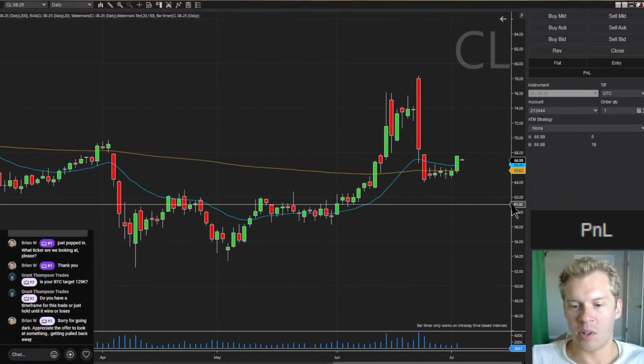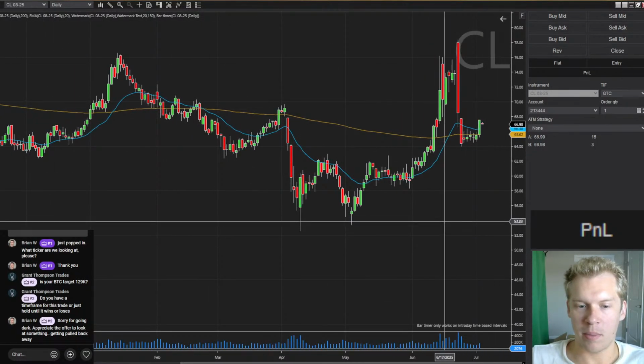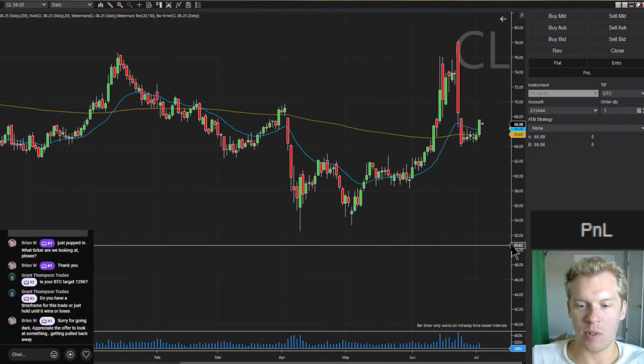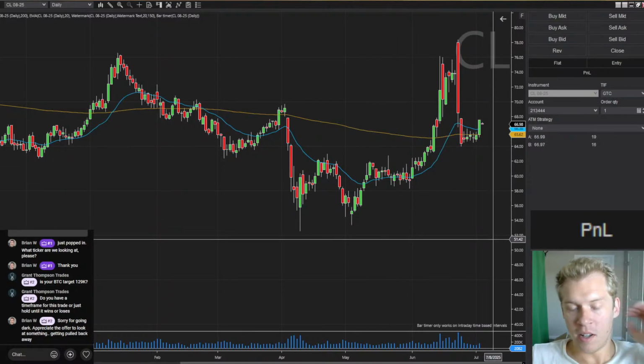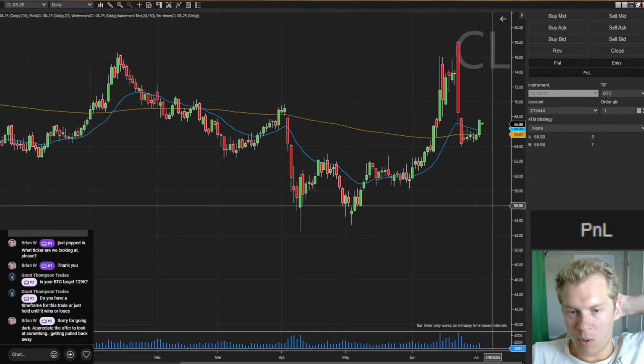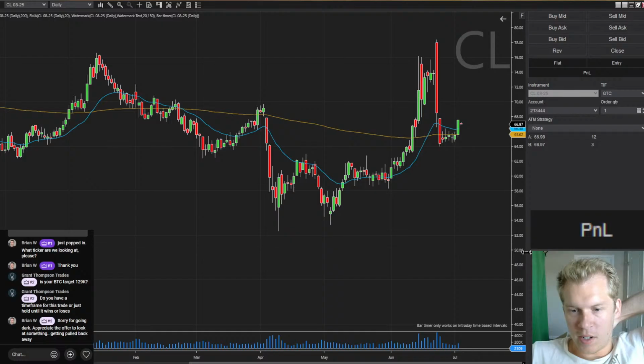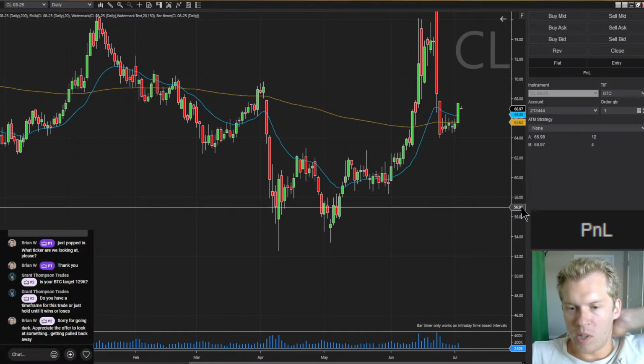I'd love to see oil come down to like 50, and then I'd be pretty eager to buy the oil futures down here around 50. Because with the micro oil futures, I think 1 cent is $1.